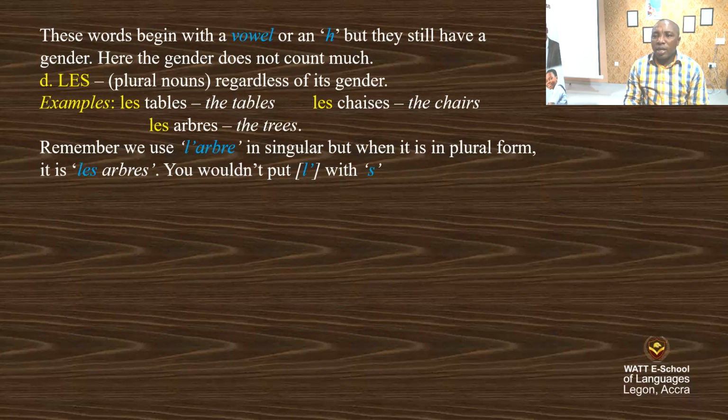But here we are talking in plural form. So in plural form, the l'apostrophe changes into les, les arbres. Since arbres begins with a vowel, you change the pronunciation of the S to be Z, and you join the two words, les and arbres, to say les arbres. Is that clear? All right, let's continue.